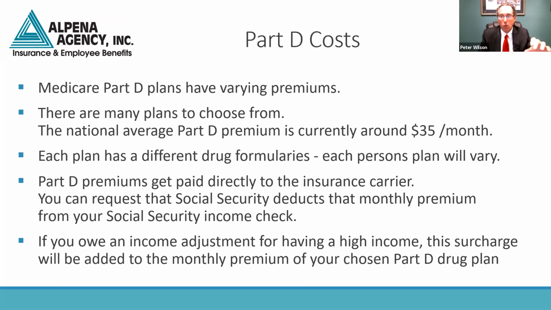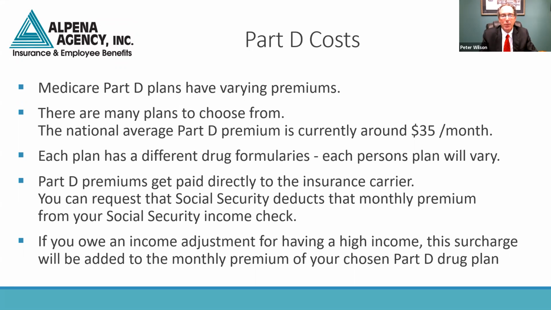So it's really important when you're trying to consider what Part D plan to buy that you have a list of your prescription drugs available to you, so you can type them into the computer or have your agent type them into the computer and see how that Part D plan is going to work with your medications.